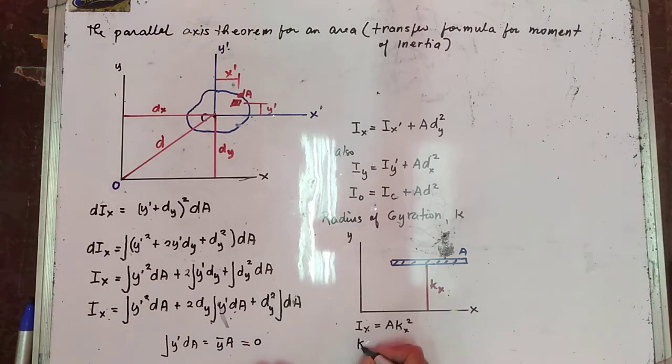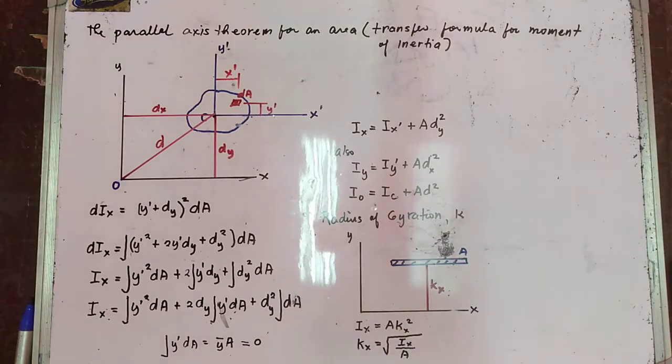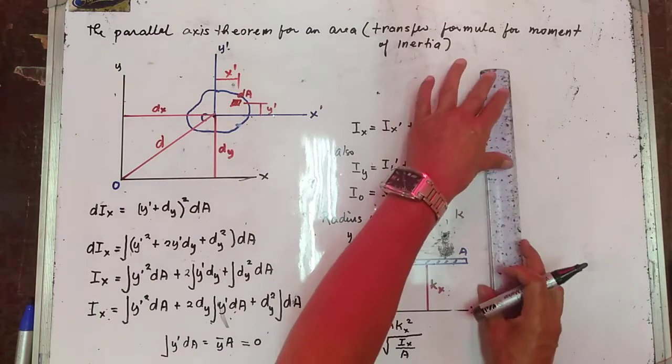And your kx, or the radius of gyration with respect to the x-axis, is equal to the square root of the moment of inertia about the x-axis all over the total area of the body.